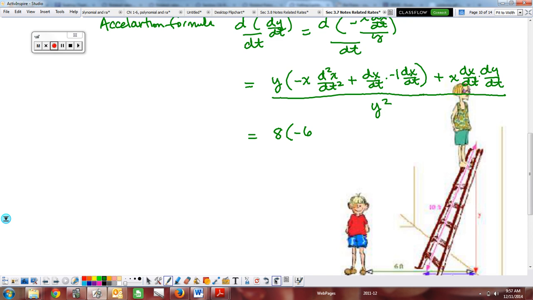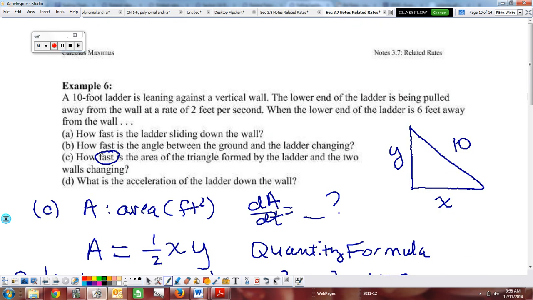What's the derivative of a constant? 0. The velocity, the rate, was constant for the x, so therefore its acceleration is 0, so we add that in. Plus our negative 1 times our dx dt, which was 2, so we put that in.